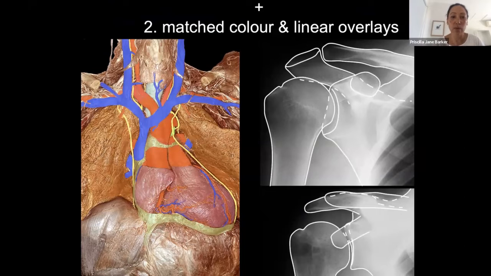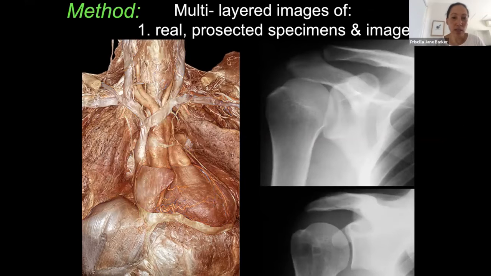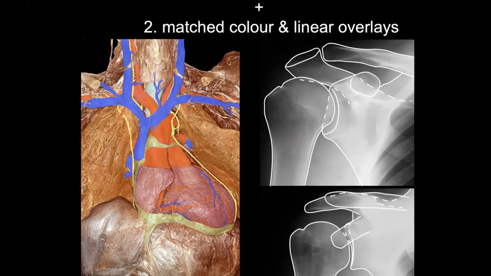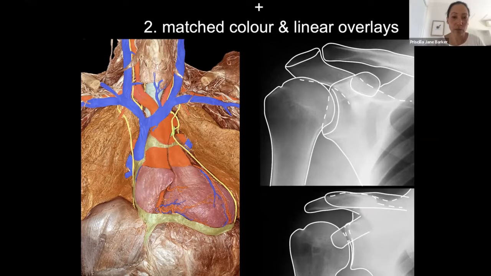And then on top of that, we superimpose in colour, using semi-transparent overlays, the structures. So the nerves in yellow, the arteries in red, the veins in blue, and organs in that pinky colour or orange, and they're very consistent throughout the program.